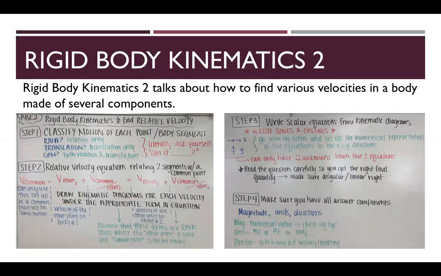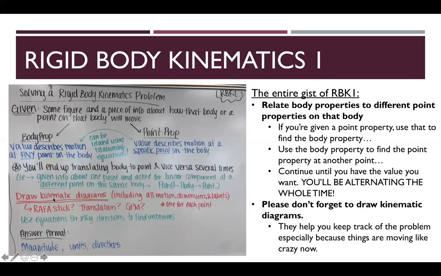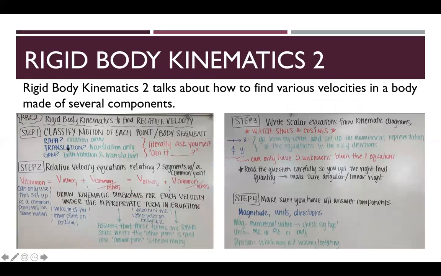Rigid body kinematics 2 goes back into relative velocity, but it's relative velocity in terms of one point on multiple parts of a composite body, right? So step 1 is still classify motion. And again, just like the kinematic diagrams are required, this piece right here is actually required.